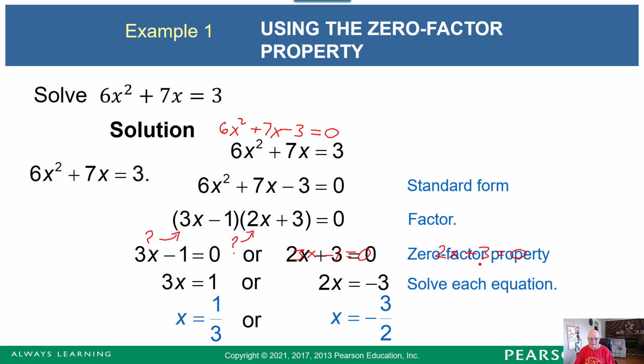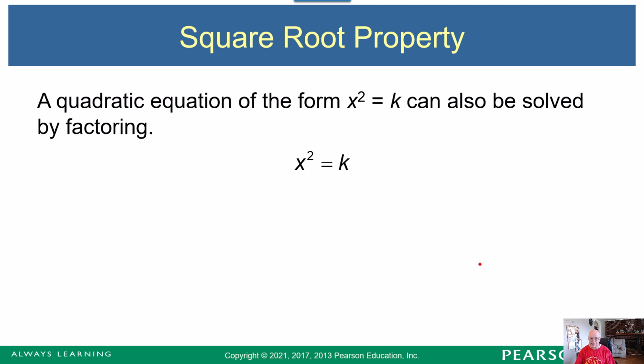Now, you don't see quadratic equations looking like that too often, but if they do look like this, all you have to do is take the square root of both sides, and remember that square roots can be positive or they can be negative.